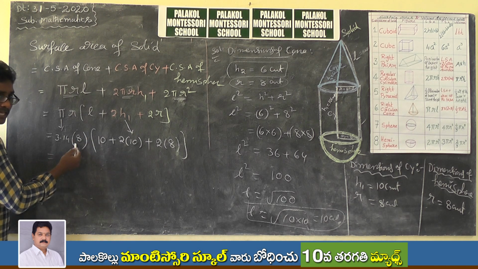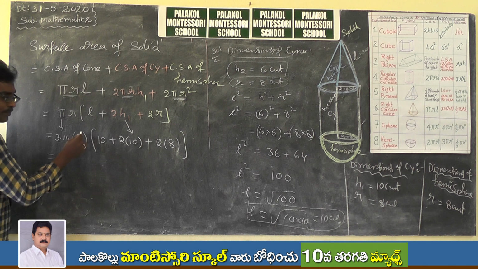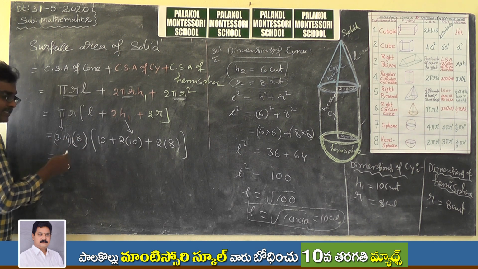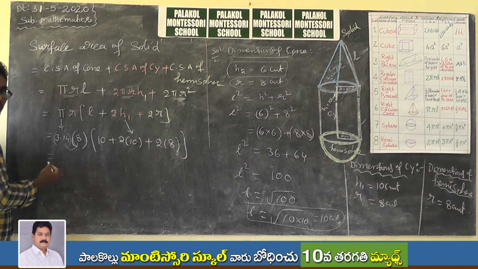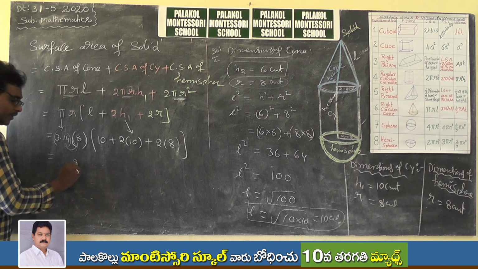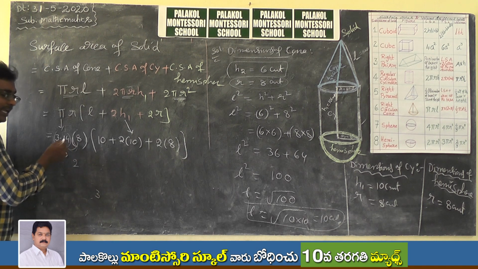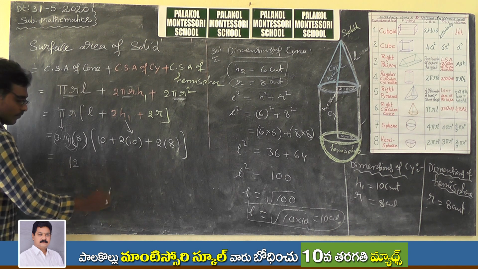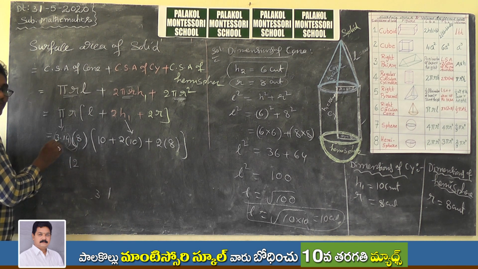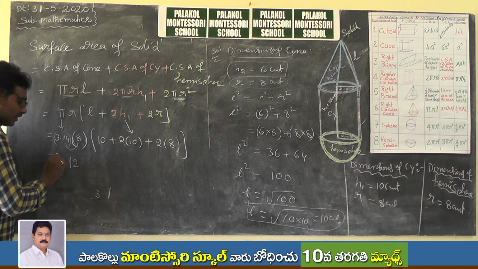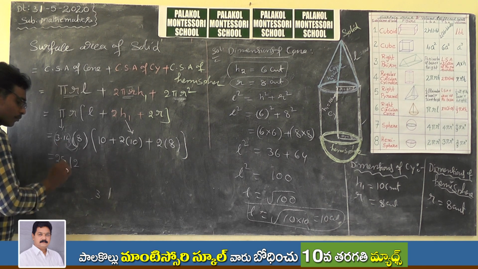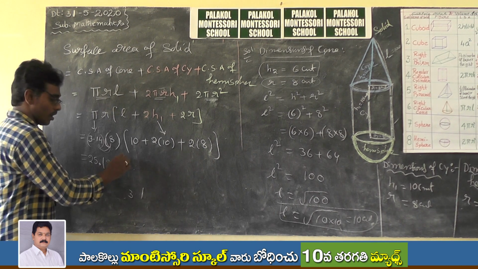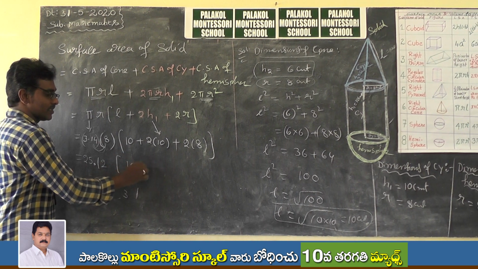Now simplify this one. These two are multiplied, why? It's outside of the bracket. Here, these terms in the bracket should be multiplied. 8 fours are 32. 8 ones are 8, 8 plus 3 is 11. 8 threes are 24, 24 plus 1 is 25. Two numbers after the decimal, you write the point: 25.12 of 10 plus.